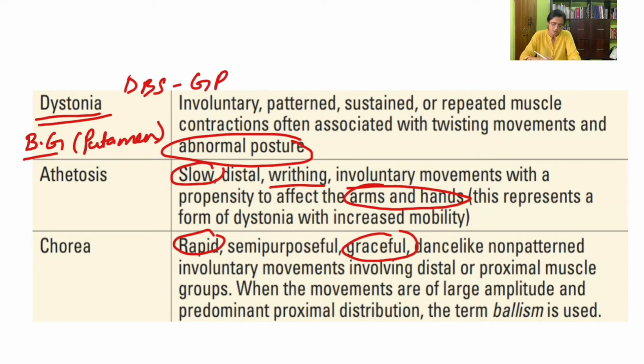In athetosis also the site of lesion has been found to be the basal ganglia. Among the common choreas is Huntington's chorea or Huntington's disease. And in Huntington's disease, the part of the brain which is affected is actually the striatal area of the basal ganglia.